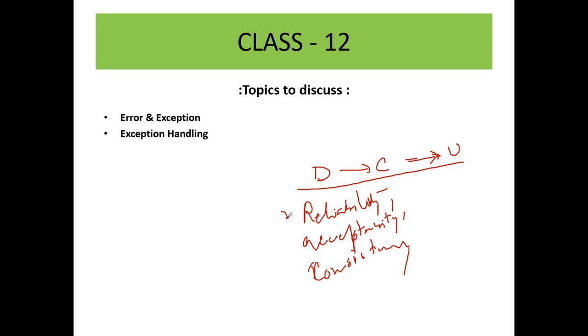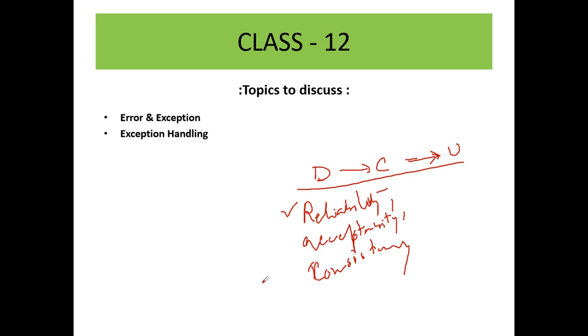What do you understand by reliability? It means the user can rely on the application: whatever output the application gives, with respect to the user's need, it is perfect, and every time it is giving good output, a good solution to the user.